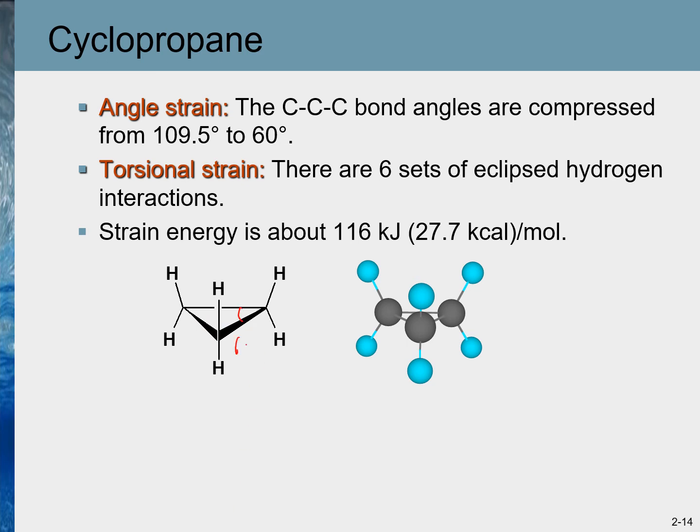So this angle is 60 degrees. Now, this 60 degree angle is considerably smaller than the optimum 109.5 degree angle, which should be the case because all carbons are sp3 hybridized. Because of this reason, this molecule is under a lot of angle strain.